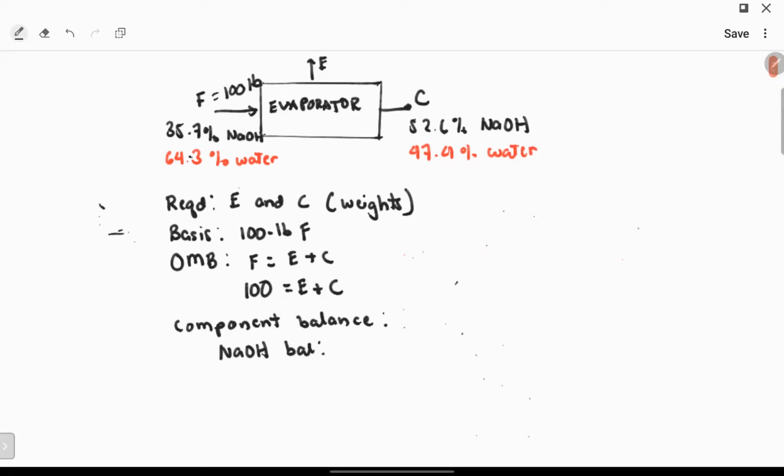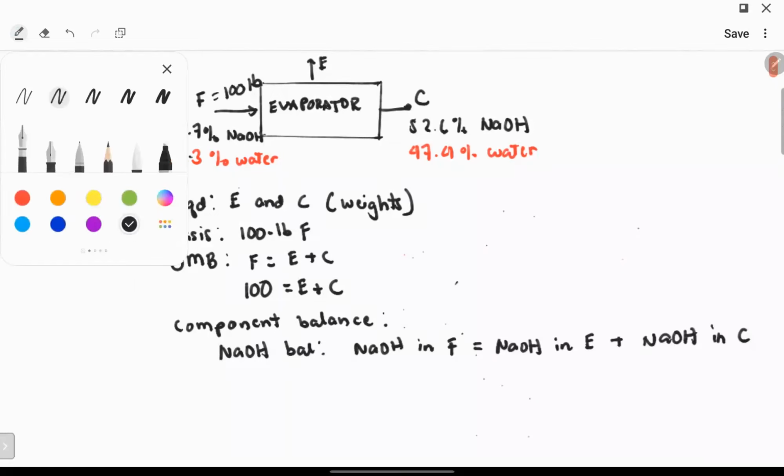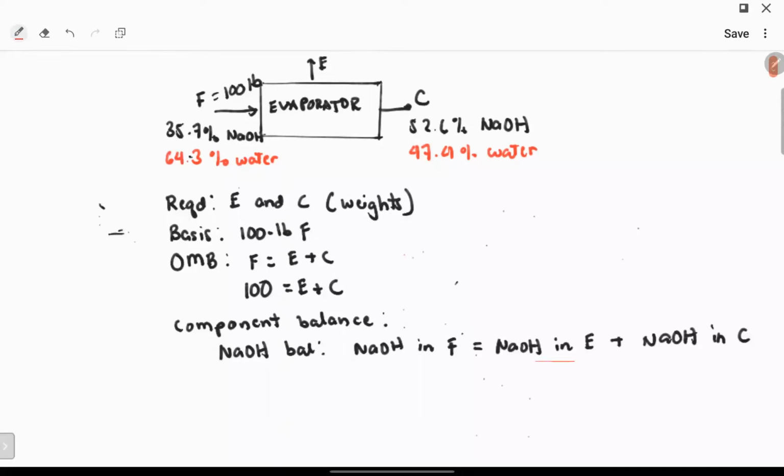So for NaOH balance, di ba, basically NaOH in F equals NaOH in E plus NaOH in C. Tama ba? But then again, wala namang NaOH dun sa E because it's a pure component. It's just water, right? So ang matitira is NaOH in F equals NaOH in C.